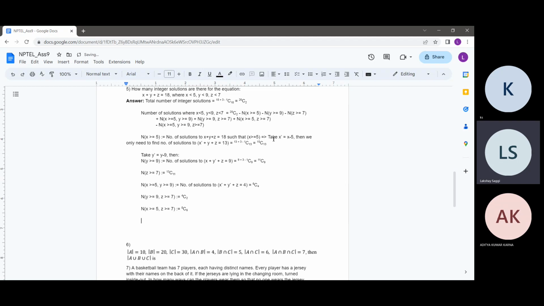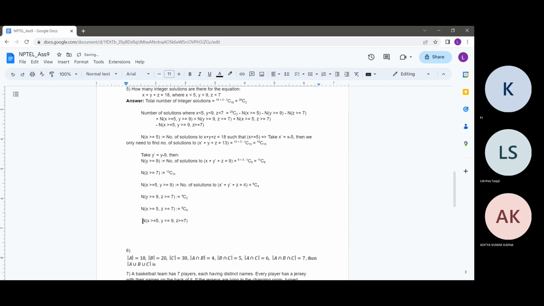And now I have calculated all of these triplets. Now I just need to calculate this one. So I just need to find x prime plus y prime plus z prime is equal to 18 minus 7 minus 9 minus 5. So 9 plus 5 is 14, plus 7 is 21.